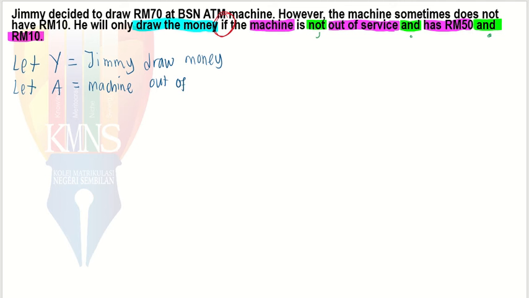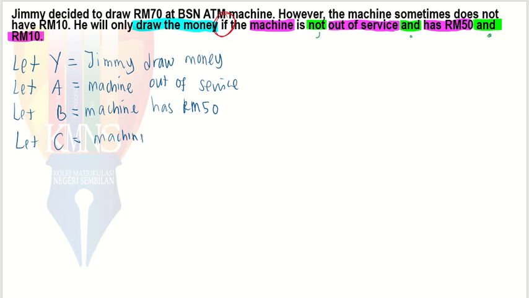Let B equal machine has 50 ringgit, because who has 50 ringgit, Jimmy or the machine? The machine, right? And let C be machine has 10 ringgit.